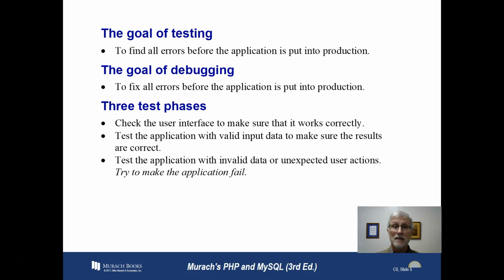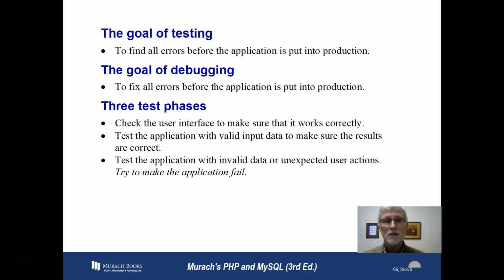So there's basically three basic steps. You want to make sure the user interface works correctly. Then you want to test the application so that all valid inputs work. So if I want to make sure I get alphanumeric characters going in the field, that when I type alphanumeric characters, I get what I want.